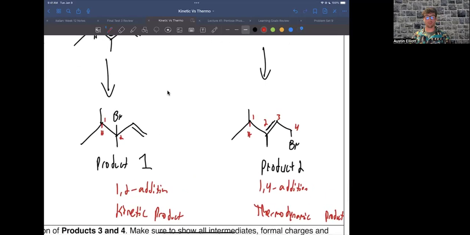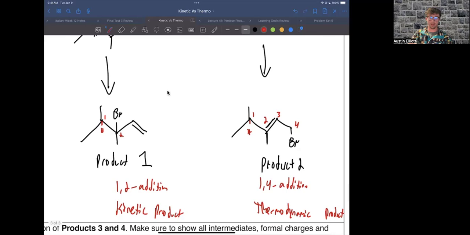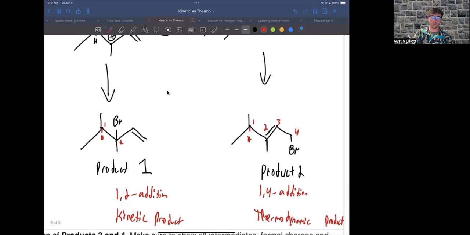So if we want to decide thermodynamic, we look at the substitution of the alkene. Like before, if we just draw it like a regular alkene, let's say a ring like this, then we have that right there. So that alkene attaches to two carbons over here.